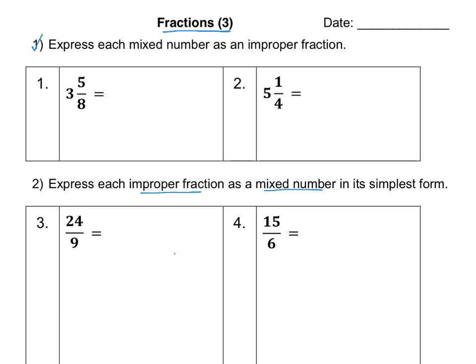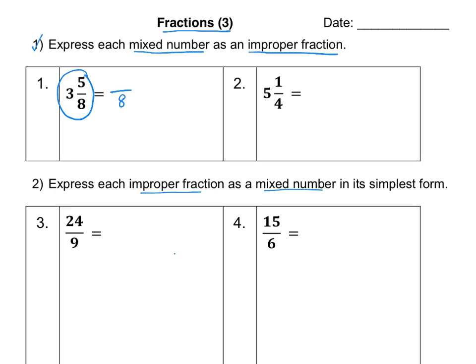Express each mixed number as an improper fraction. If you want to convert a mixed number to an improper fraction, the denominator will remain the same, denominator 8. Now, in order to find the numerator, there is a shortcut.